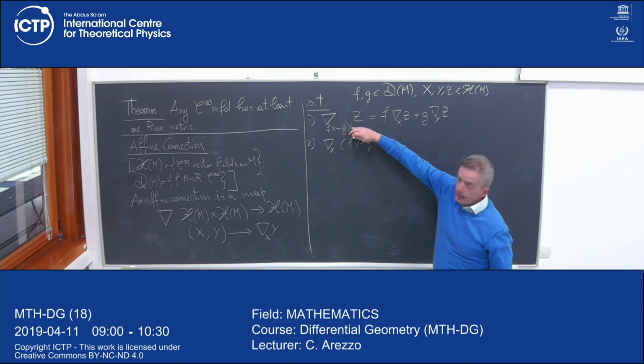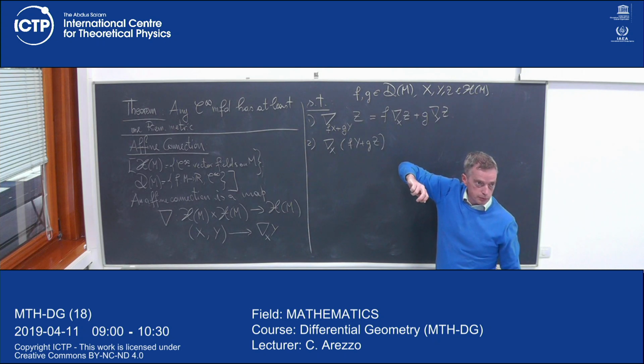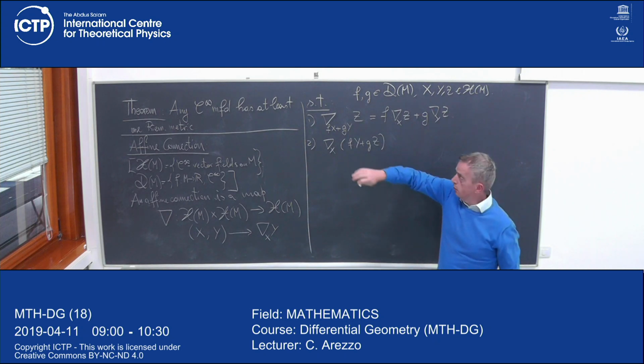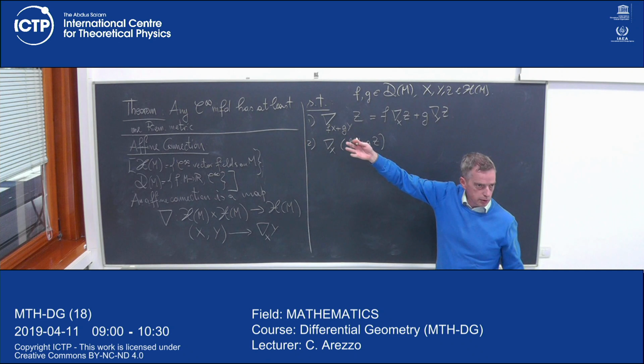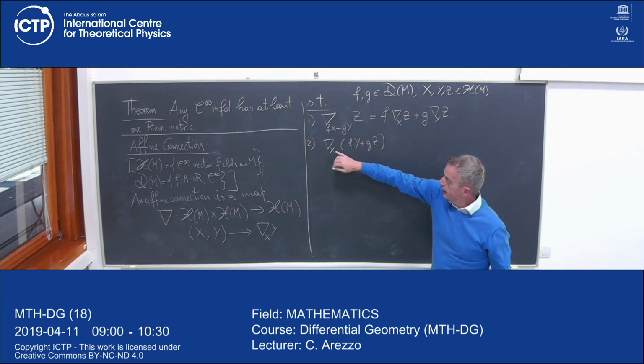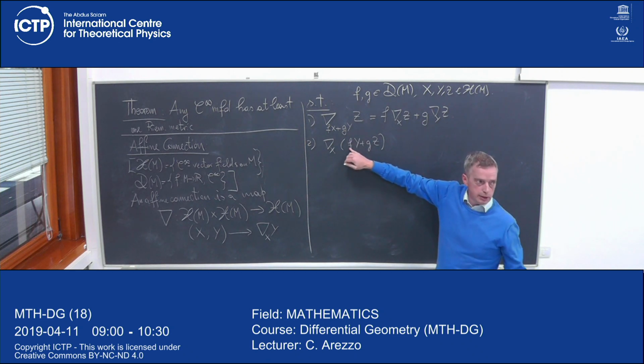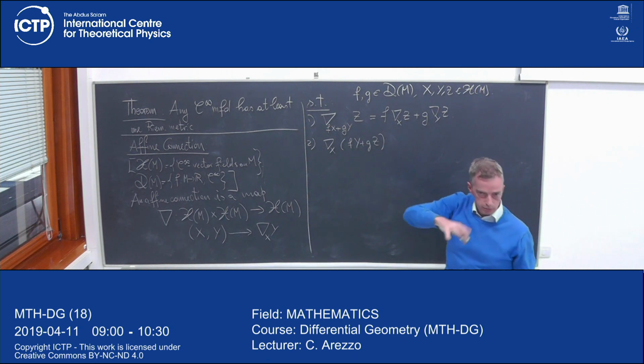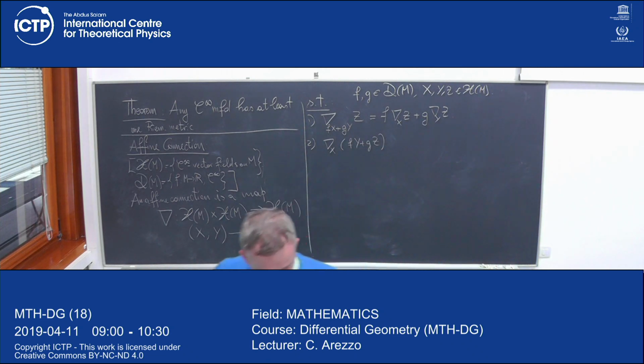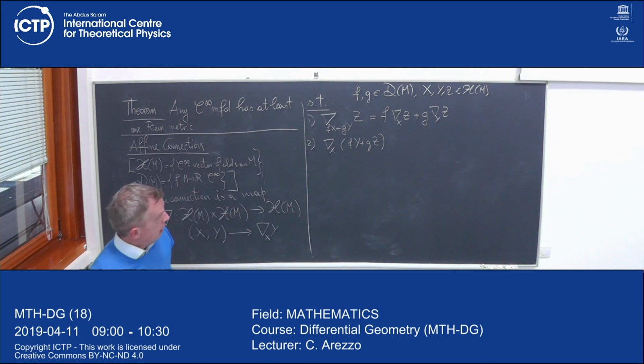I realize there is a problem. In Rn, this function enters into the game, because you want some kind of Leibniz rule. It has to be the derivative of f times Y plus f times the derivative of Y.